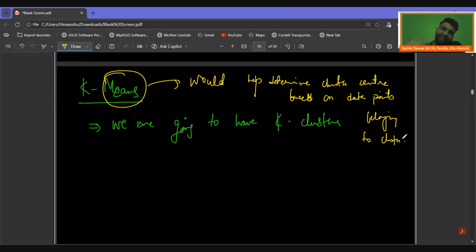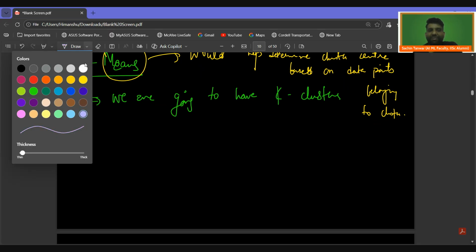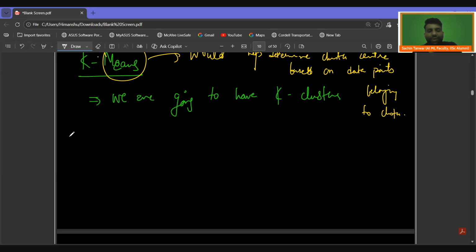Now, what is the algorithm? I'll just talk about that. The moment I write the first thing, you'll get to know one of the biggest advantages or disadvantages of k-means, which is that we always initialize the cluster centers.